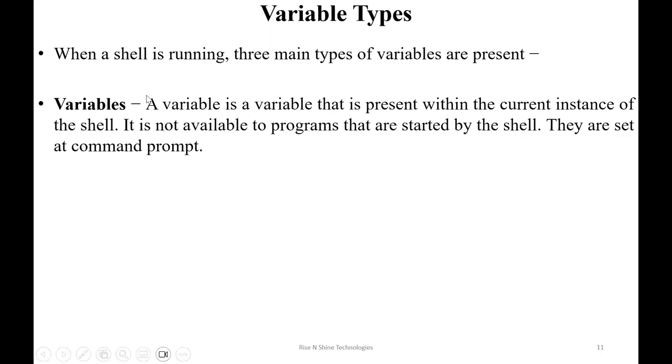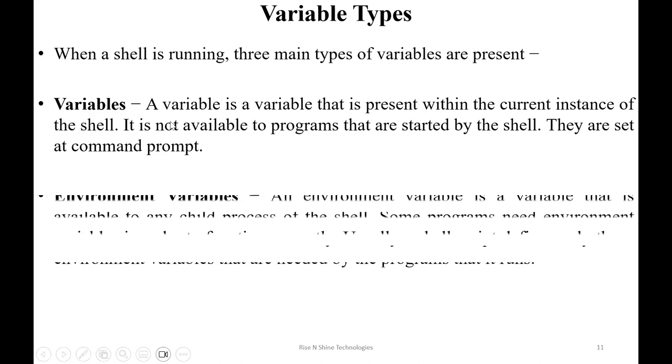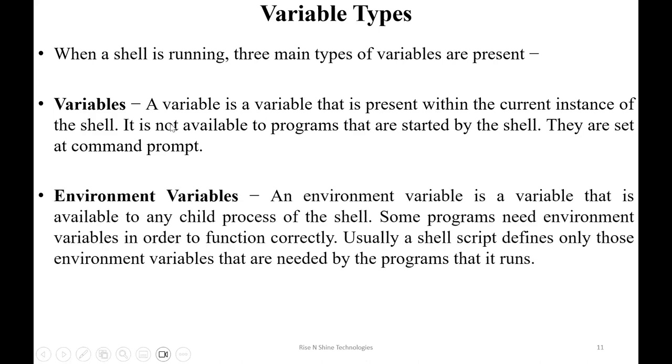Already we understand the first one: variable name equals value. You assign the value there itself, or read it from the user, or take it through the arguments, that is a different story. But yes, the variable is the first point. Second, whenever we talk about Linux, we understand environment variables.